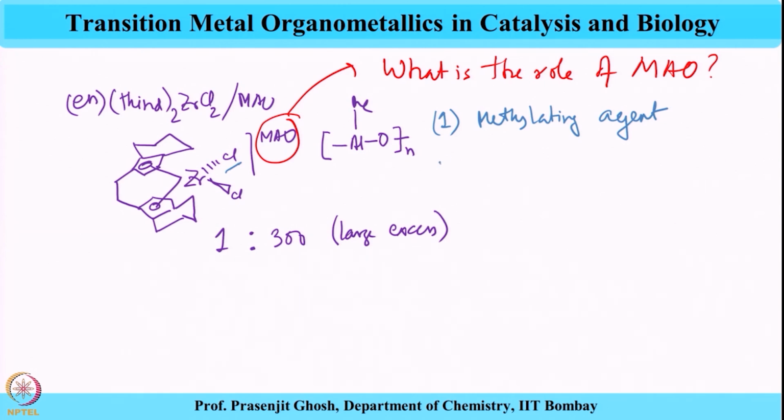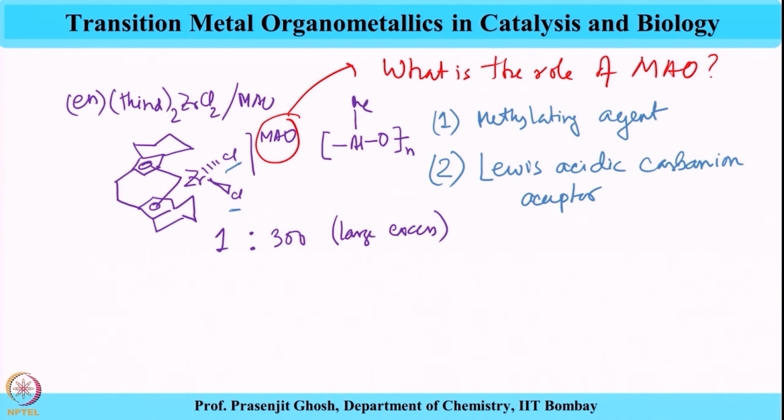The second function is that it is a Lewis acidic carbanion acceptor. This is an important function of MAO. The first is that it is methylating and making it dimethyl, and still there is a large excess of MAO.